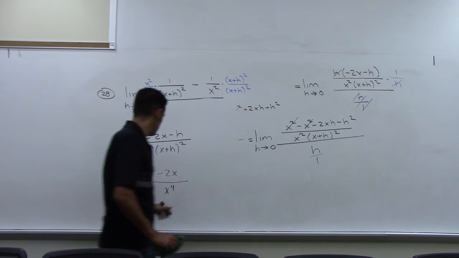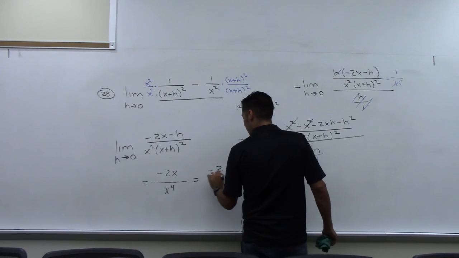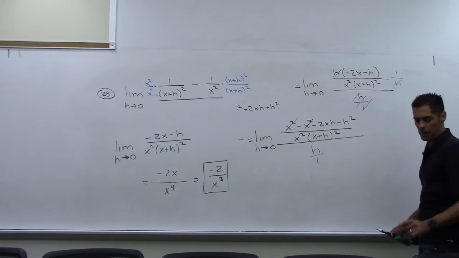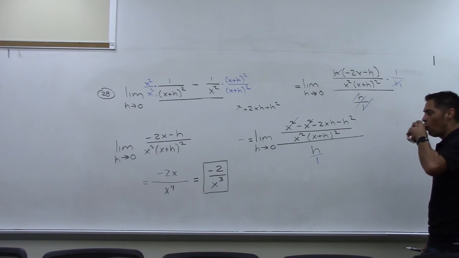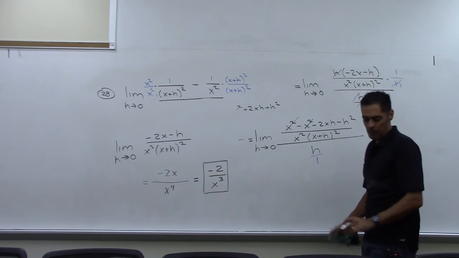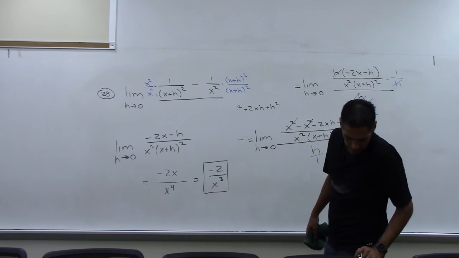And I can reduce that out a little bit, cancel out one factor of x, negative 2 over x cubed. There we go. Interesting.